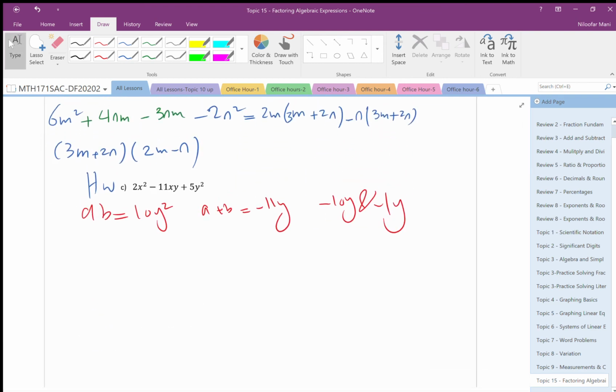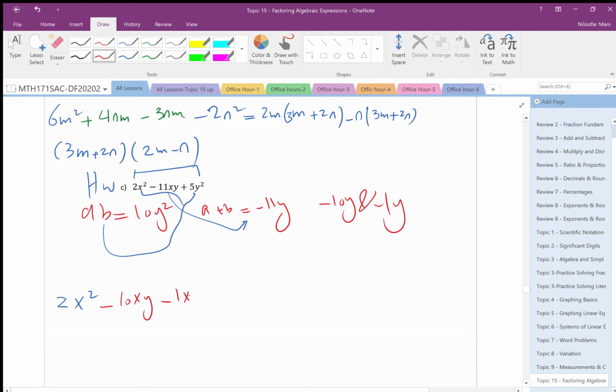This one I said homework, so maybe I can do that here. I am looking for two numbers. If I multiply them, it's this, which is here. If I add them, it's here. So now I can say minus 10y and minus y, and now I can write it: 2x squared minus 10xy minus xy plus 5y squared.